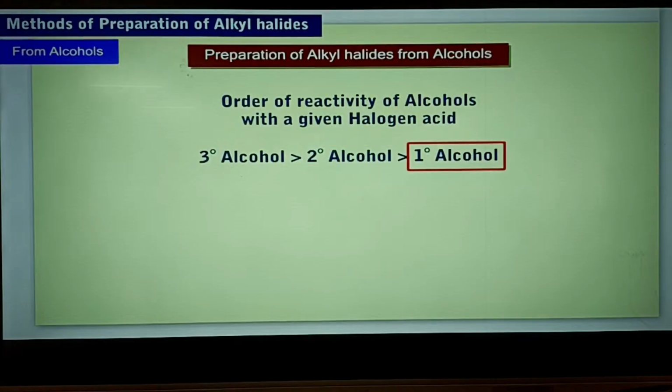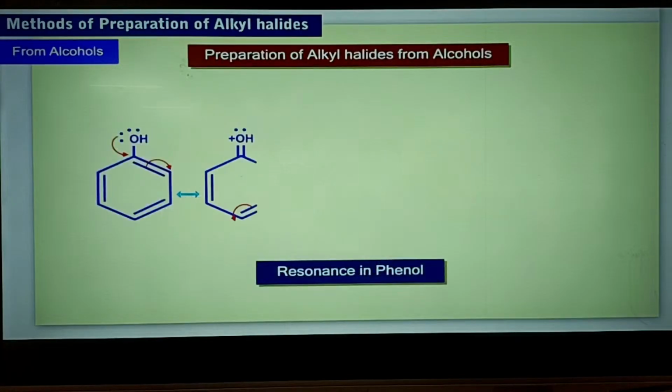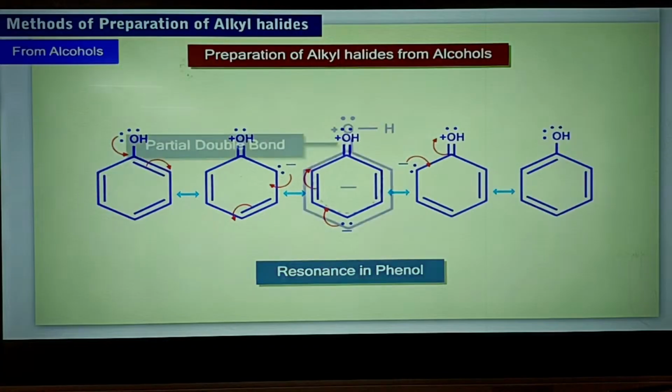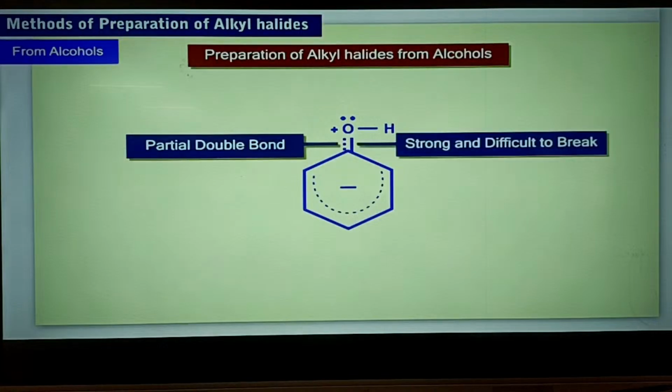Primary alcohols are the least reactive. This method is not suitable for the preparation of aryl halides. This is because the carbon-oxygen bond in phenols has a partial double bond character and hence is stronger and difficult to break.